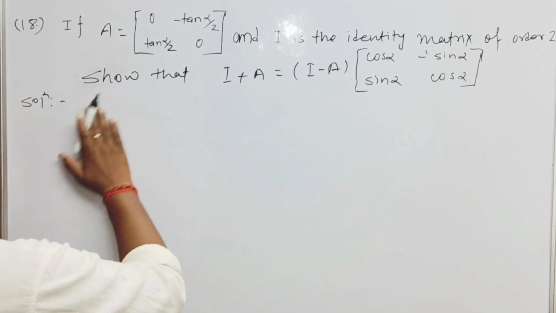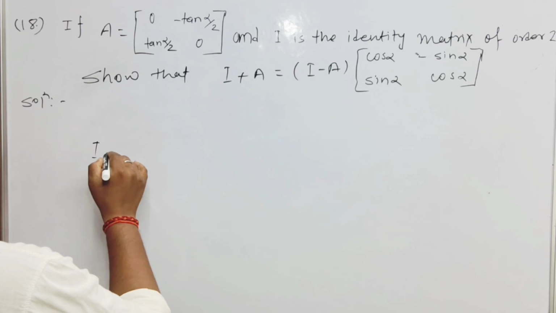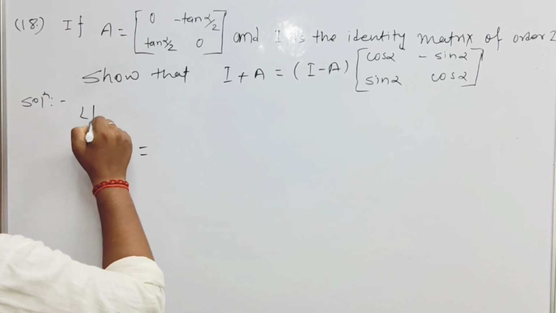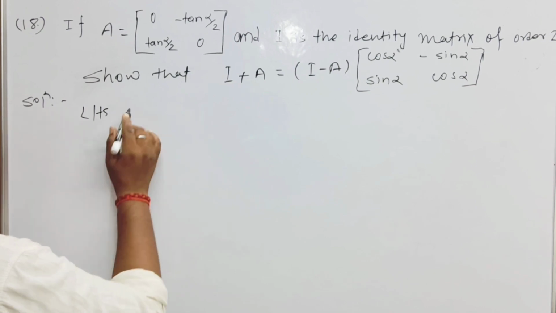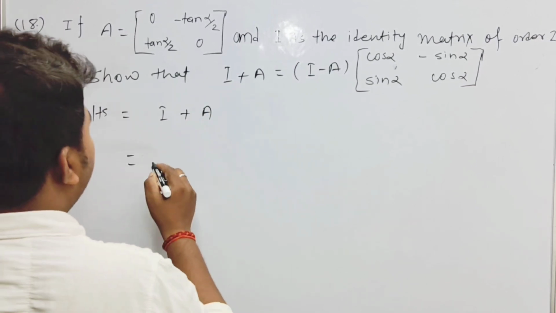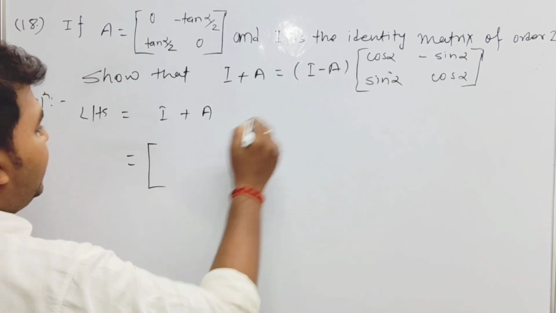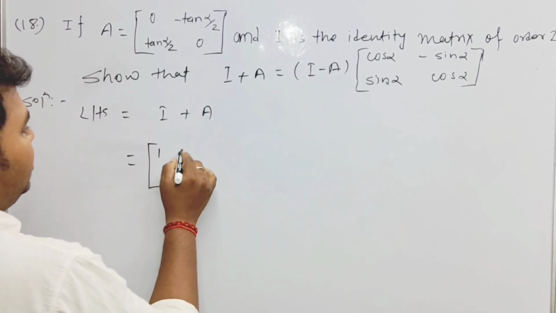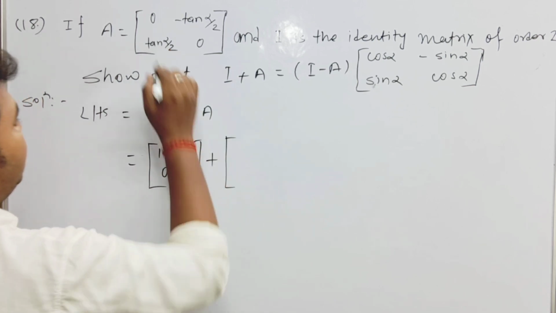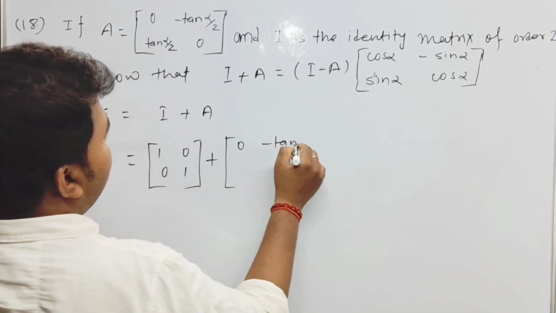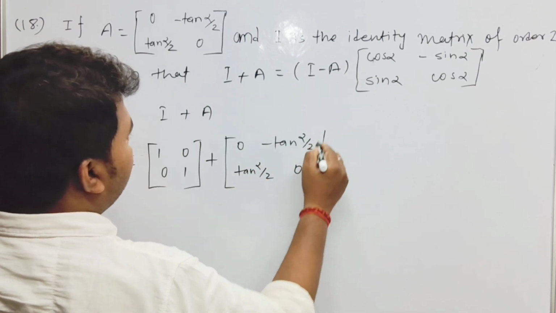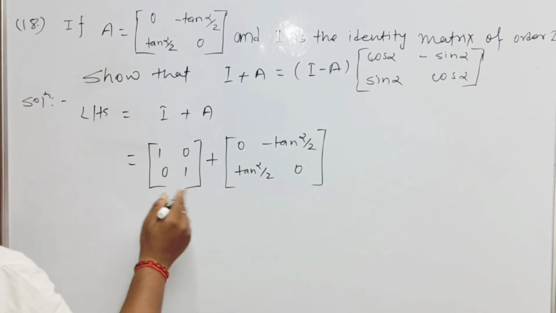So first of all we find I plus A. LHS equals I plus A. That means we write the identity matrix, which is of order 2 by 2, that is [1 0; 0 1], plus the given matrix [0, -tan(alpha/2); tan(alpha/2), 0].